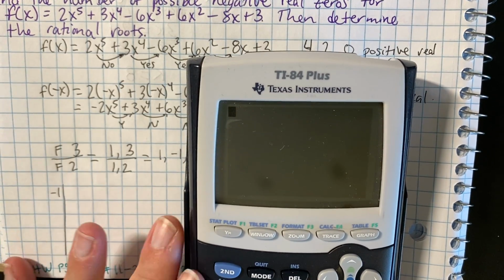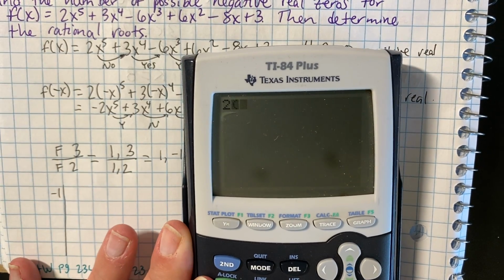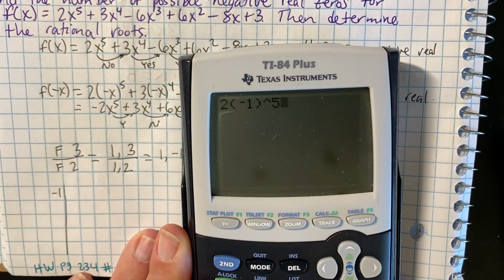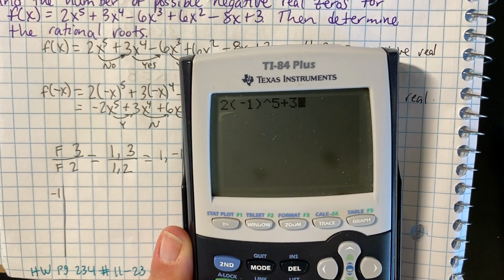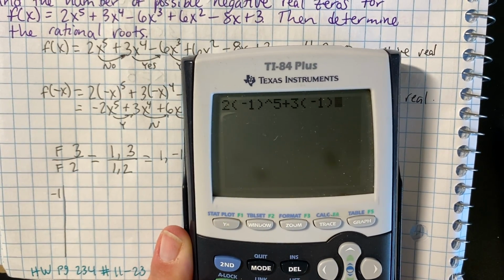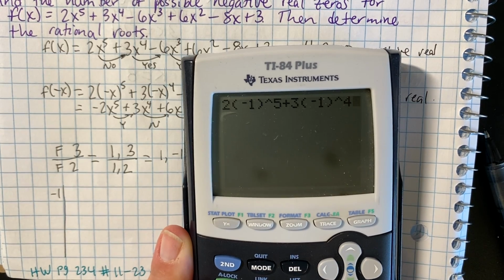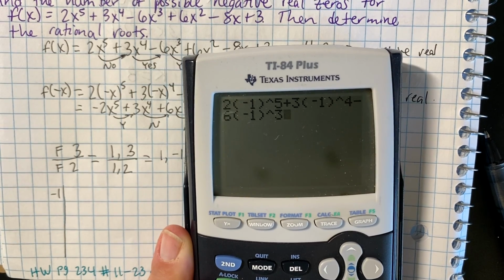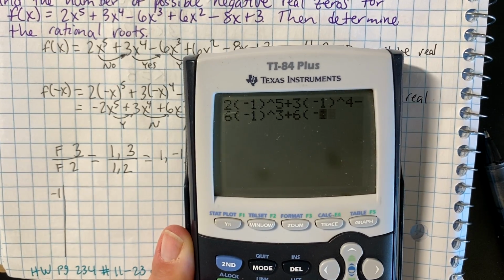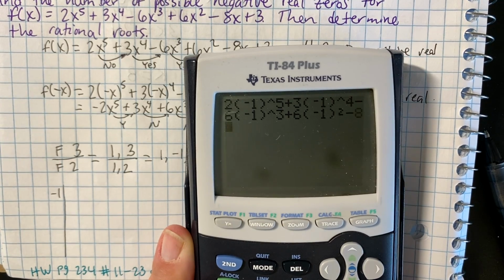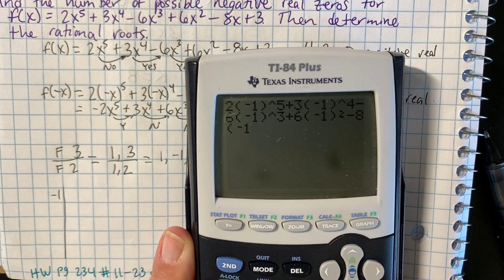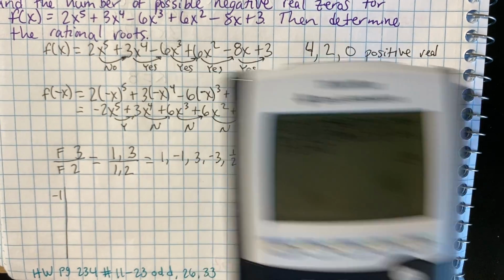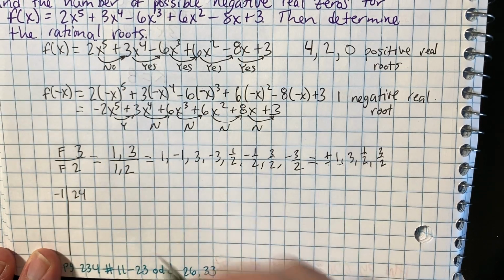So I'm going to start with a -1. So I'm going to have 2 times -1 to the 5th power. Make sure those go in parentheses. 2 times -1 to the 4th power minus 6 times -1 to the 3rd power plus 6 times -1 squared minus 8 times -1 plus 3. Okay, so that answer is 24. So that looks like a no.